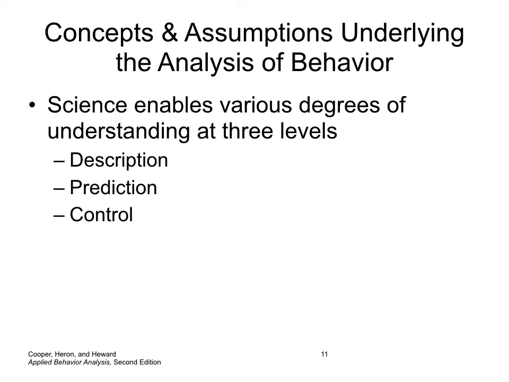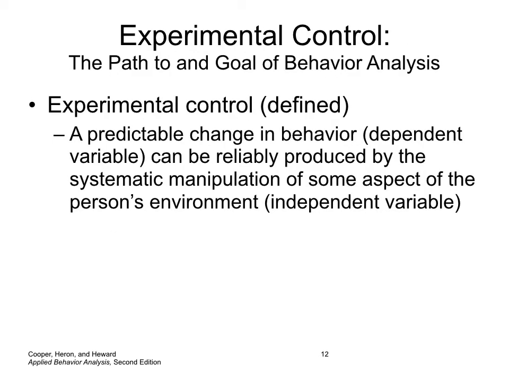Scientific investigations provide 3 levels of understanding: description, prediction, and control. The goal of experimental analysis in applied behavior analysis is to understand socially significant behaviors, as we know.